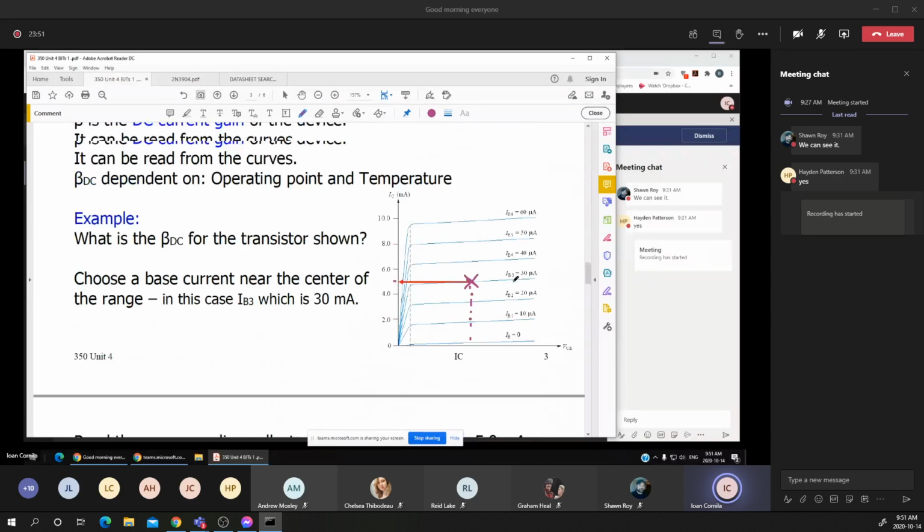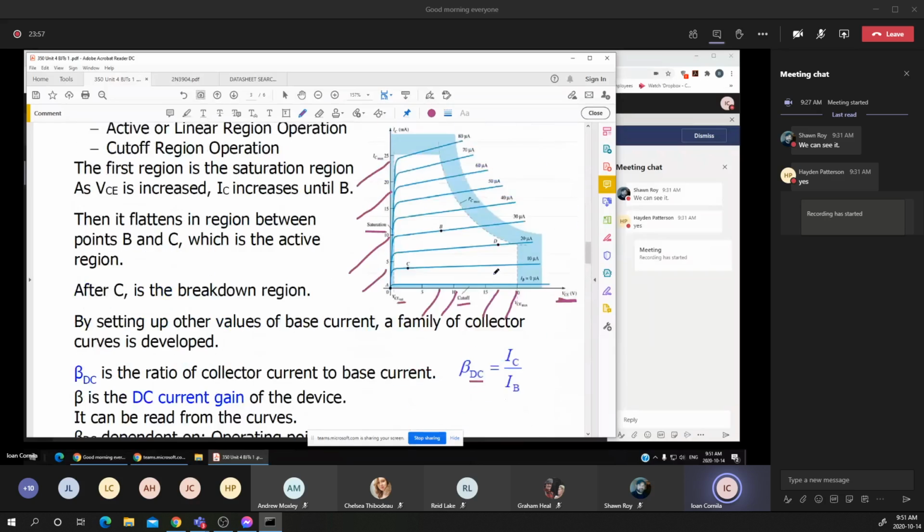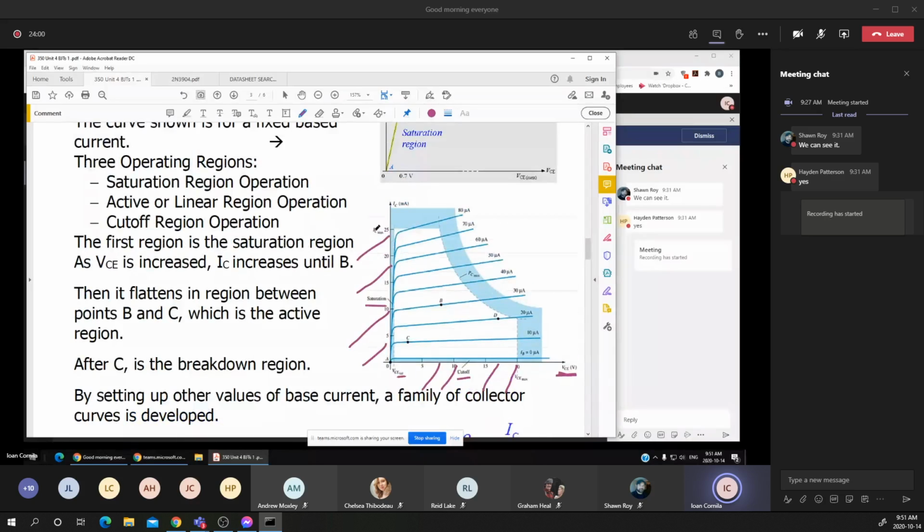Means that in this diagram, if I'm increasing the base current above the saturation current, or in this diagram, you notice that saturation current is 25. And suppose that I'm increasing the base current to 100 microamps, it will not increase the collector current.